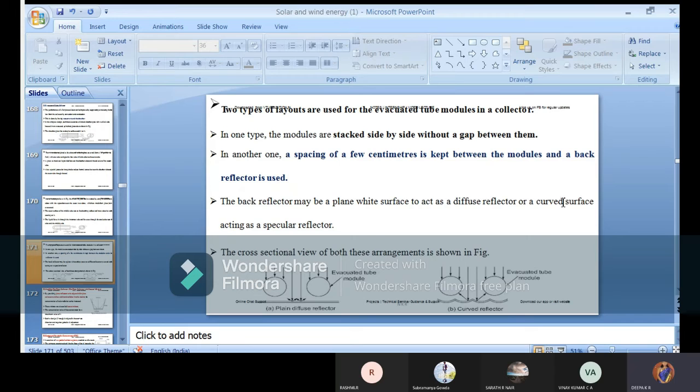But here, the specular, that is the curved surface, is acting as a specular reflector, meaning the rays are reaching the module. So these are the cross-sectional views of both plane and curved cases. This completely depends upon the reflector type you are using and how far it is reaching the module. Just note down these figures. One is a plain diffuse reflector, another one is a curved reflector.